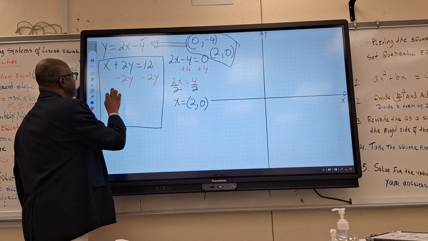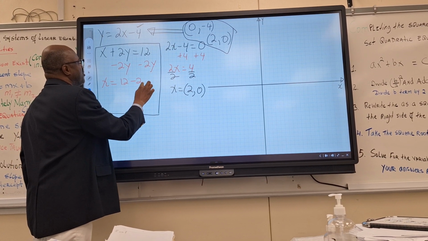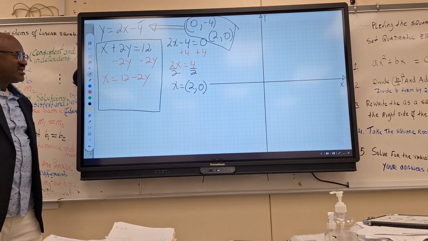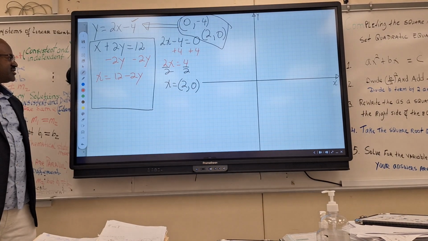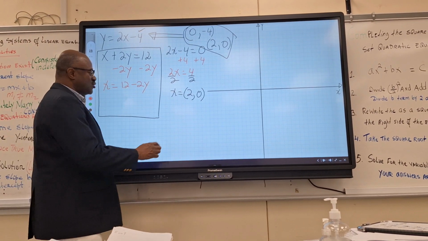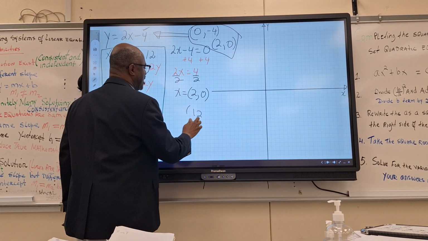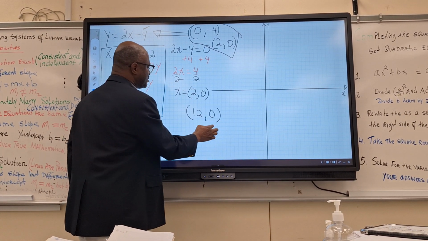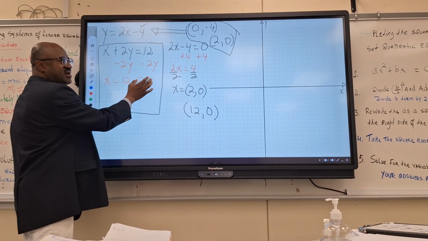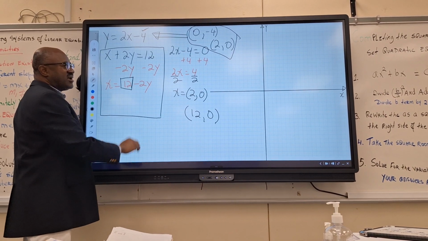Then I have x equal 12 minus 2y. This is my x-intercept. What is the x-intercept in this equation? 12. So when x is 12, what is y? Y is 0. So I can substitute 0 for that. That will be -2 times 0, which is 0. Then my x-intercept is 12.